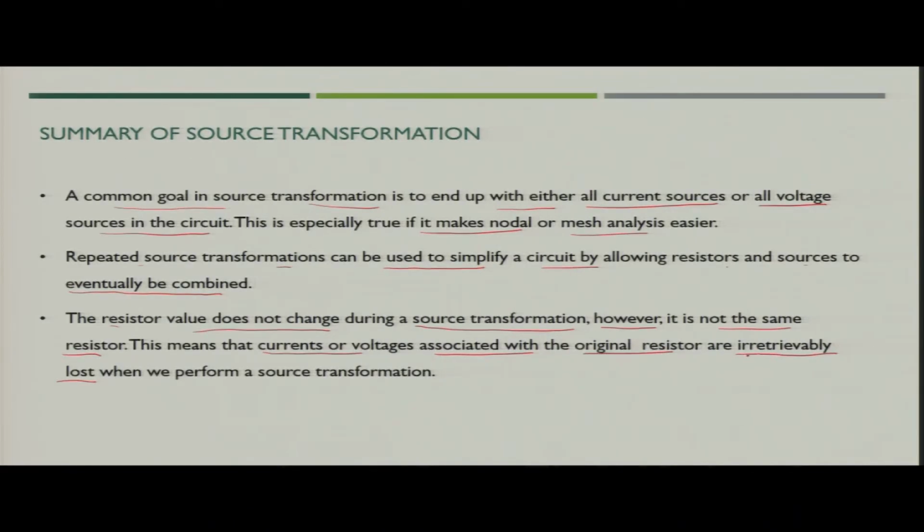So, in that way you can say that the resistor value is the same, but its association has been irretrievably lost. It means that you cannot retrieve the output of the resistor unless you revert it back to the original form. So, although the resistor value will remain the same, the association has changed.